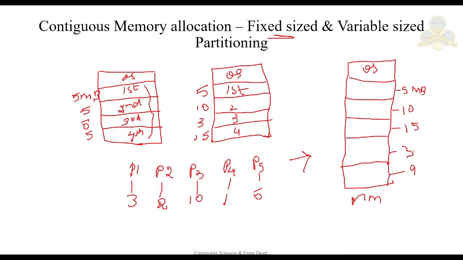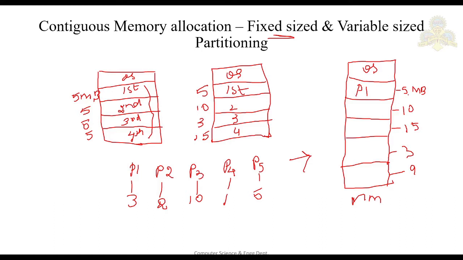So suppose P1 is 3 MB, right? We keep P1 in the first partition. What is the size of that partition? It is 5 MB. So process P1 is kept in this particular partition, or fragment. Out of 5 MB, your process P1, which requires only 3 MB, is kept here.